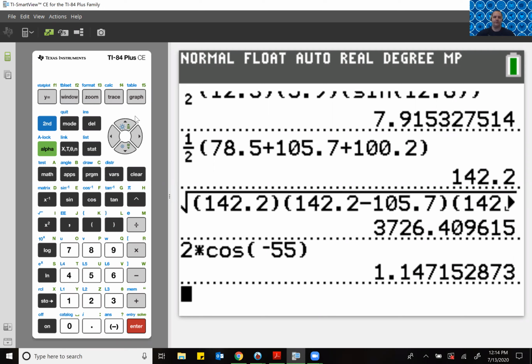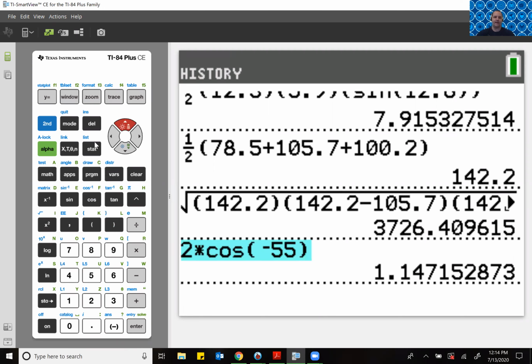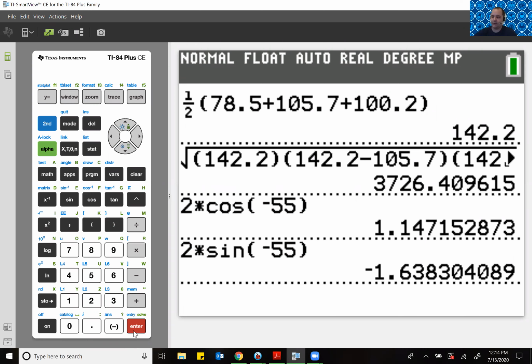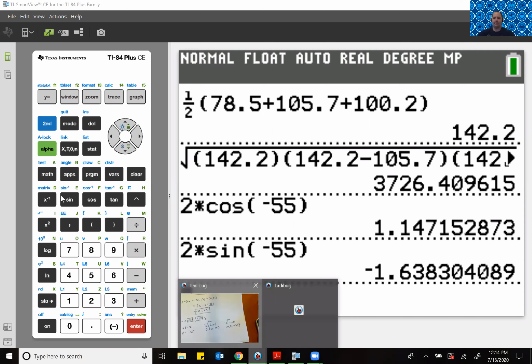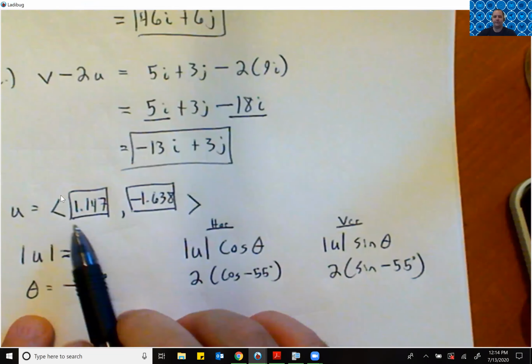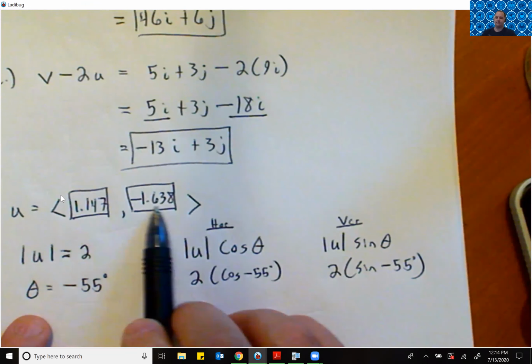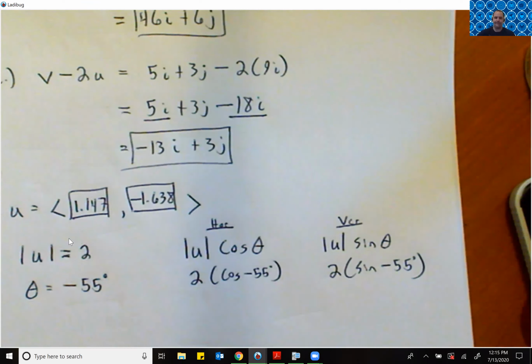So then all we're going to do, I'm just going to come back up here, grab this, and change cosine to sine. The sine, or the vertical component, is negative 1.638. And that's what they want. That's what's going to go in the blanks there. 1.147, comma, negative 1.638. And that's it. All right. So moving on, number 14.